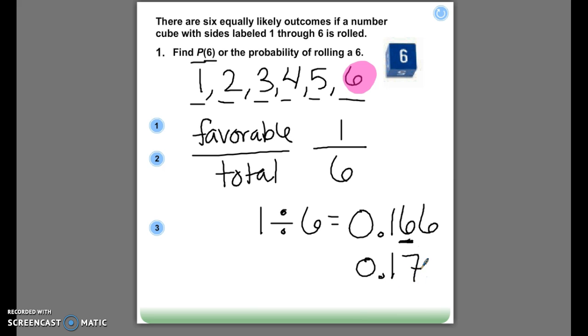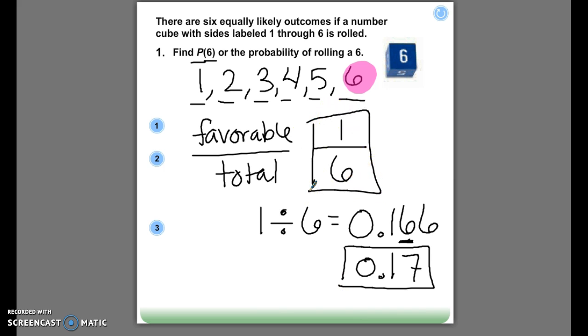Okay, that's my decimal. Now I still need to write it as a percent, so I need to move my decimal 2 places, 1, 2, and I get 17%. So the probability of me rolling a 6 on a dice is 1/6, 0.17, or 17%.